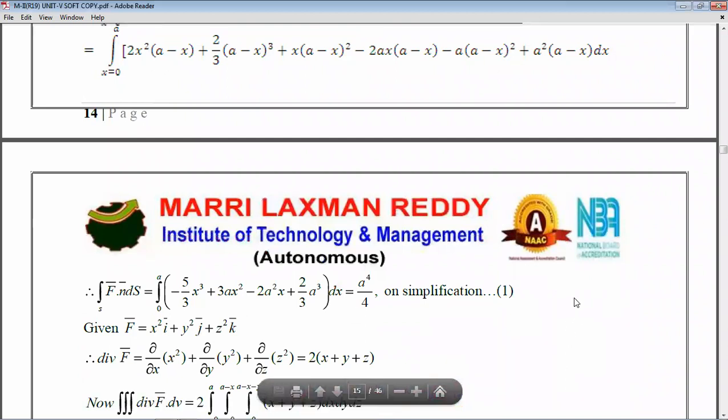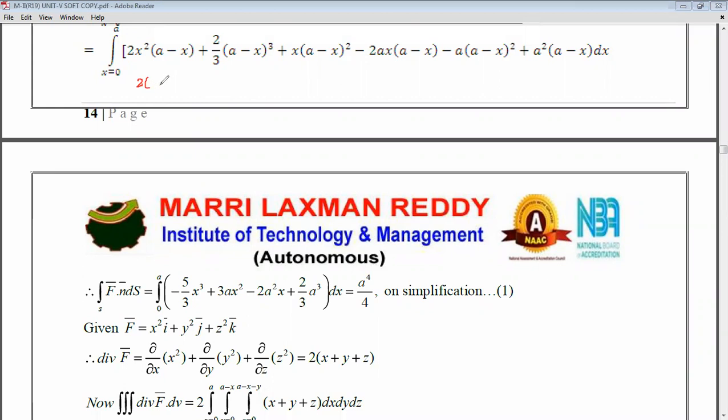So if you apply integration for this and simplify, this is nothing but x square into a minus x. You can multiply inside and then calculate. So x square into a minus x is nothing but 2 into a x square minus x cube, right? Plus 2 by 3 into, so this we can directly integrate, a minus x whole cube, plus x into, you can expand this as a square plus x square minus 2ax, and you can multiply.